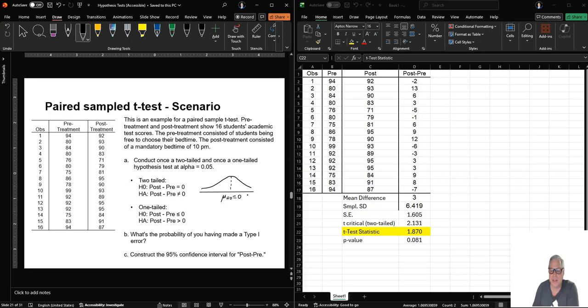And then the standard error is also still the same, so the standard error is still 1.605. The only thing that has changed is now that we do a one-tail test at 5%. So we still have here our average of post minus pre, which is equal to 3.